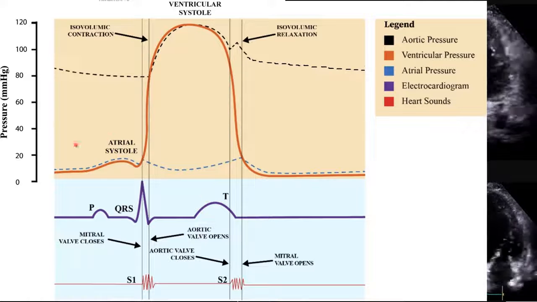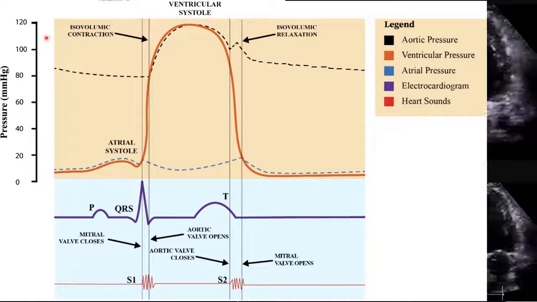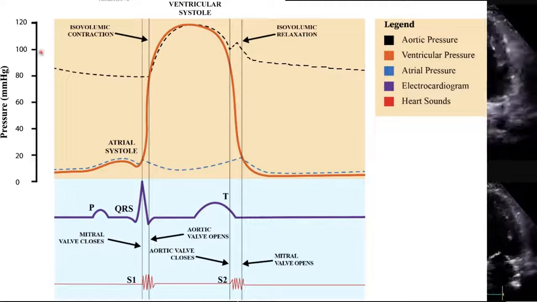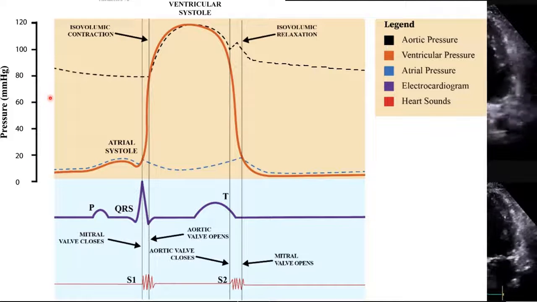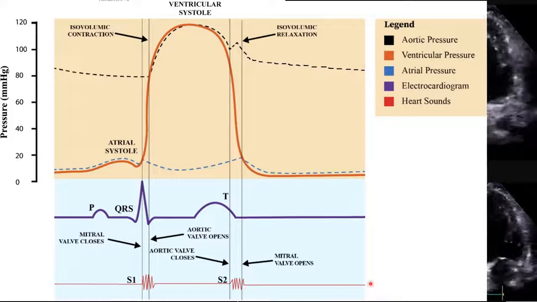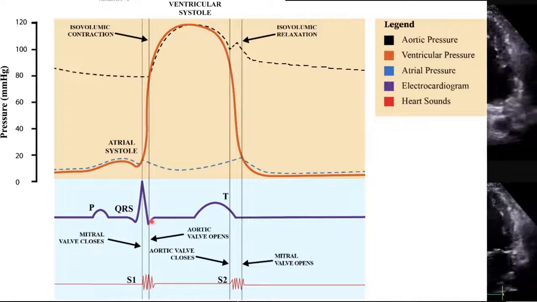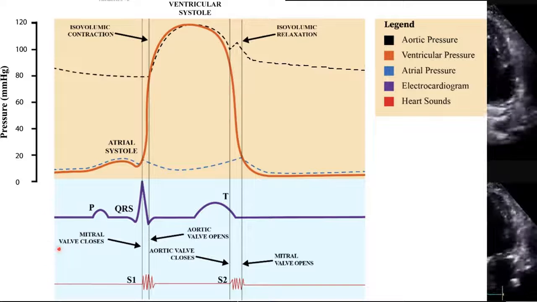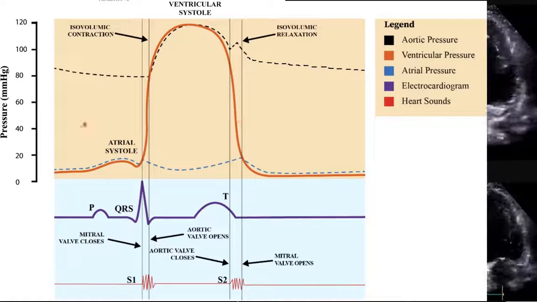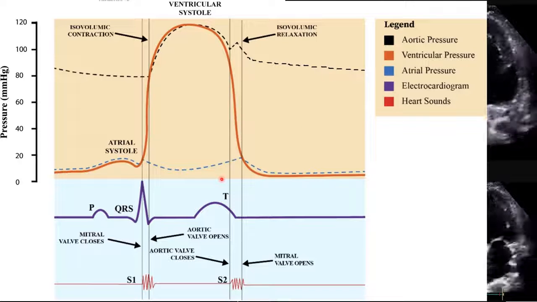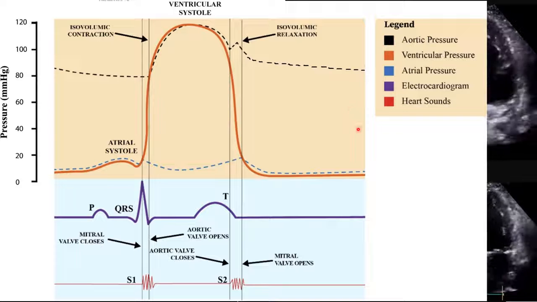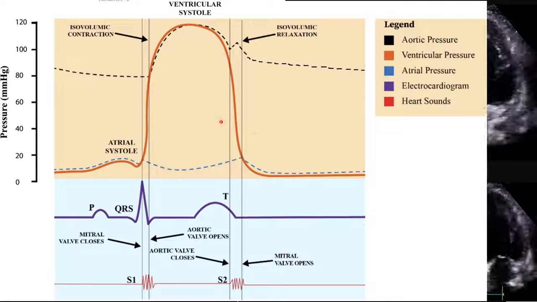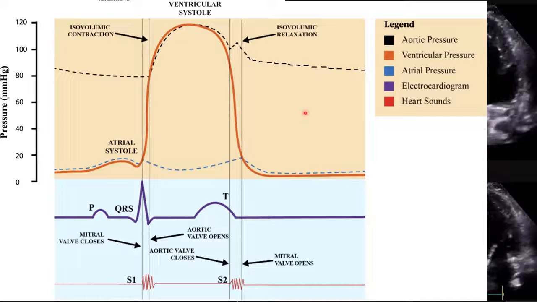The y-axis, or vertical axis, is pressure, and the unit is millimeters of mercury, and the horizontal or x-axis is timing. For the other parameters, including the EKG, we use different units on the vertical or y-axis. Later on, I am going to add the volume of both chambers during the cardiac cycle and add that chart later to bring everything together.